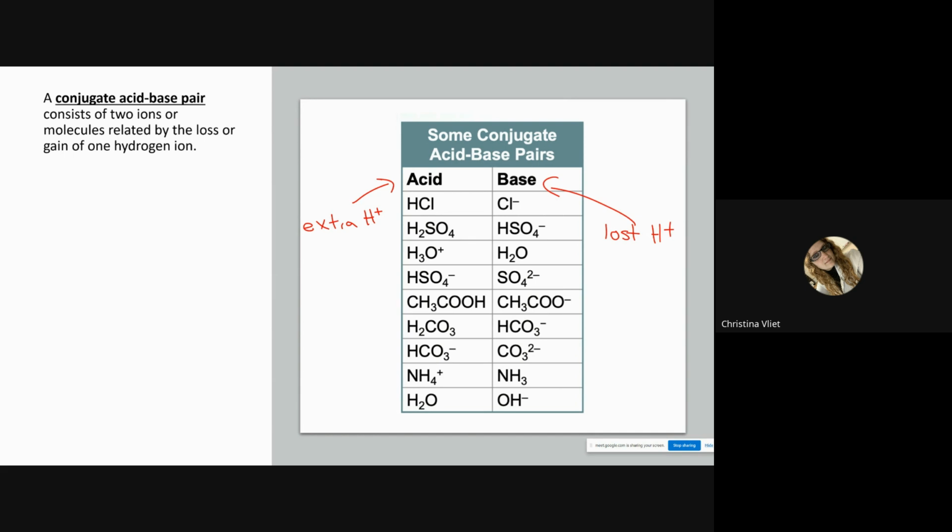A conjugate acid-base pair is the same compound or substance, just one has the extra H plus, that would be the acid version. The one that's lost that H plus is the base version. So if HCl is an acid, its conjugate base will always be Cl minus because it lost the H plus and it's left with Cl minus. We call that an acid-base pair.